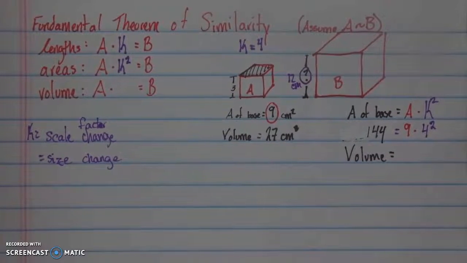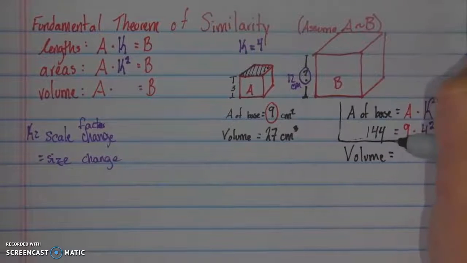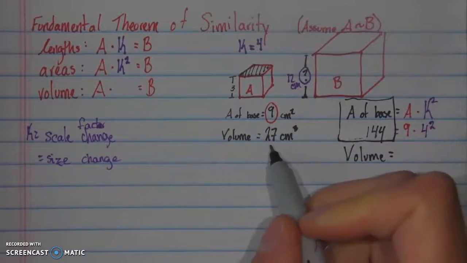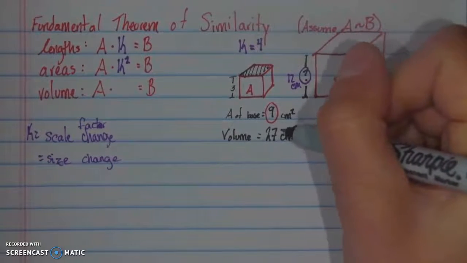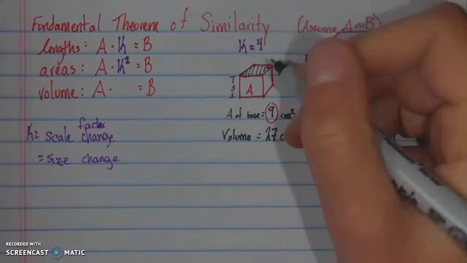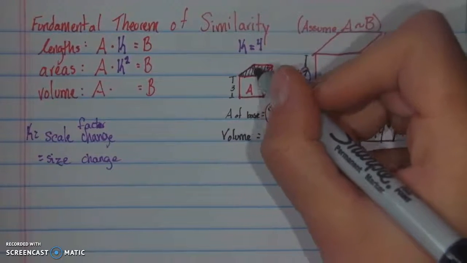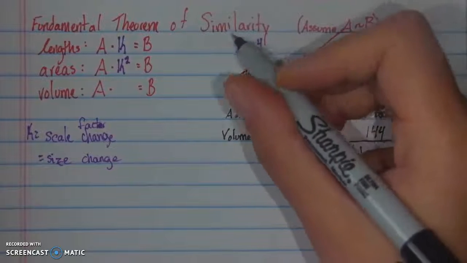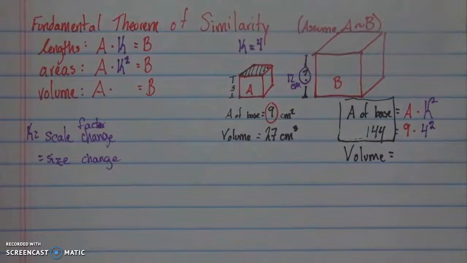And when we're looking at then volume, this is going to change one more time. So with volume, let's say my original box was actually a cube and its volume is 27 centimeters cubed. Well, in this case, since I'm changing length, width, and height, each of those is changing by a factor of K, that each one is getting multiplied by that K value of 4.